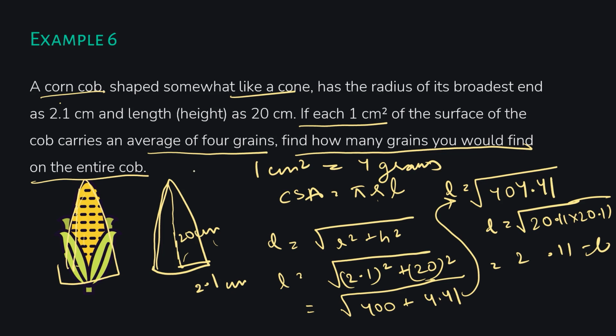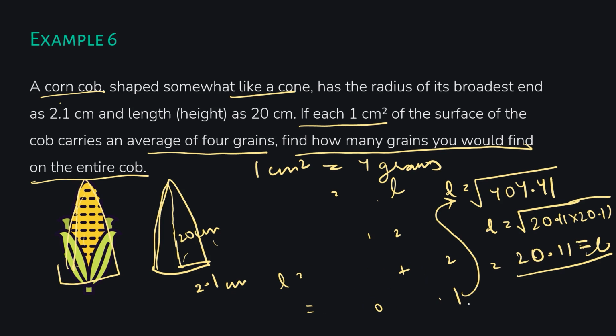And now let us find out the CSA, since we have found out r and L. So L was given as 20.11, right? So I'll just erase this so that we have space to do the question.